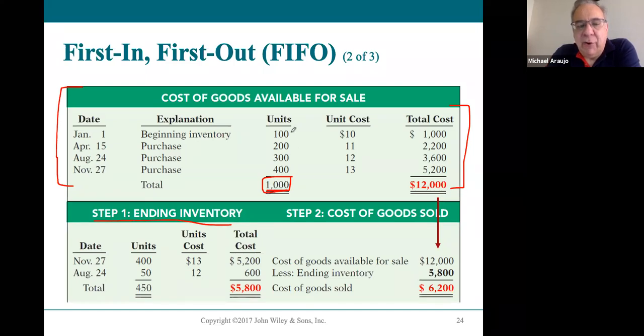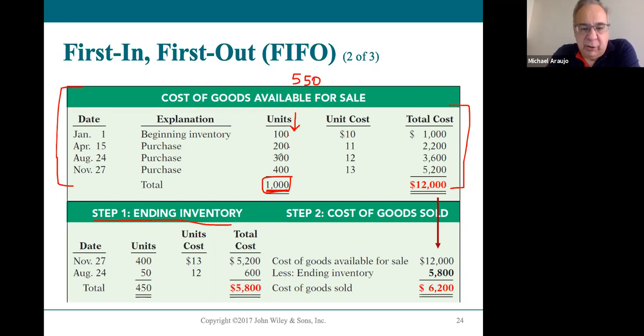Well, first in, first out means that if you sold 550, which is what they did, then under FIFO, the first ones on the list have already been sold. So these 100 are part of that 550. These 200 are part of that 550.